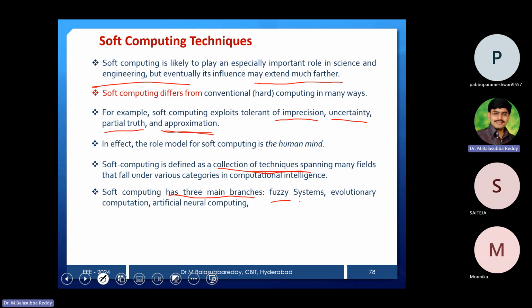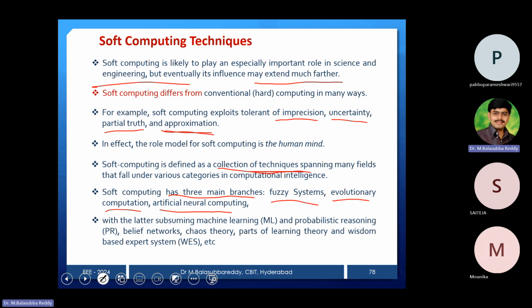One is fuzzy systems, another is evolutionary computing, and another is artificial neural computing. Like that, we have different approaches. Nowadays, machine learning and deep learning techniques have improved. This is still better than our heuristic techniques.